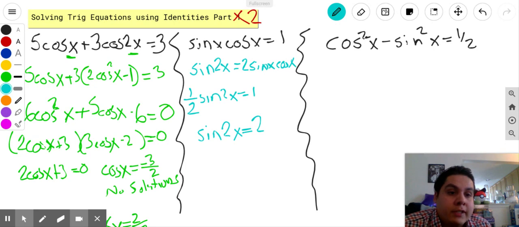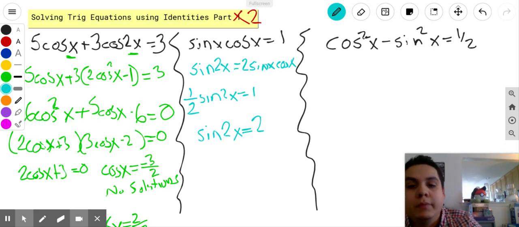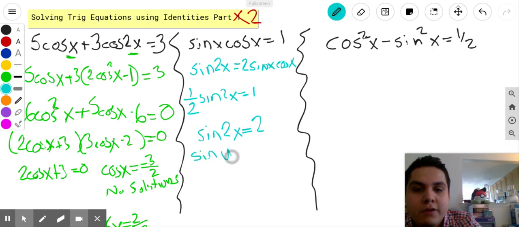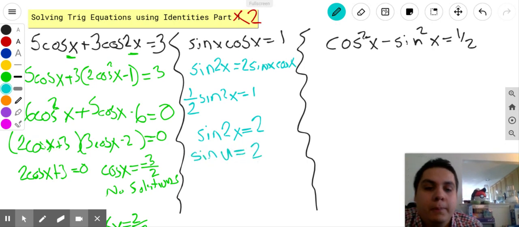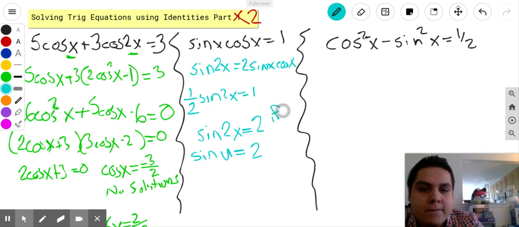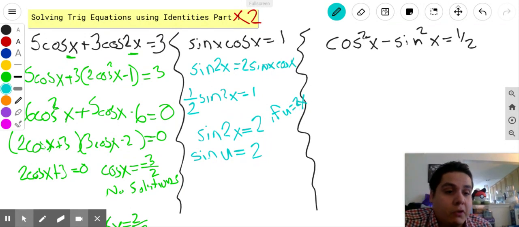And we could try to do a u substitution right now and think of it as sine of u should equal 2, if u is equal to 2x. That means I'm looking for solutions where sine of u would equal 2, and then I would take those and go ahead and try and solve for x, like we were doing at the beginning of the month, like end of April.